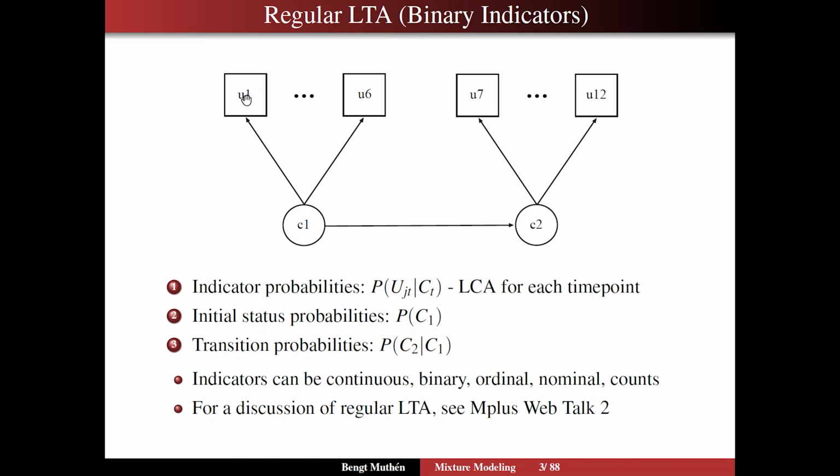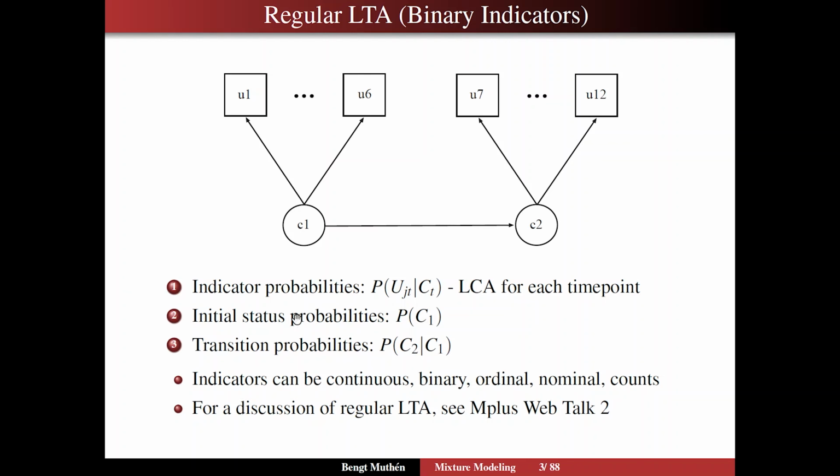That is, the probability of this being 1 instead of 0 for class 1 and for class 2, etc. So those probabilities are showing the strength of relationship between the class and the indicator. And in Mplus we parameterize that as a threshold.